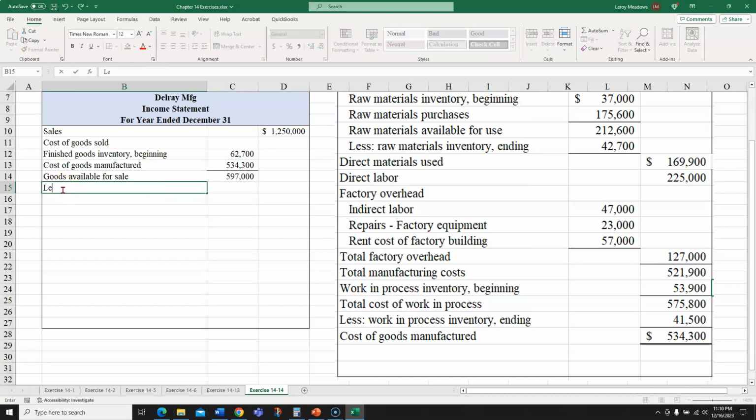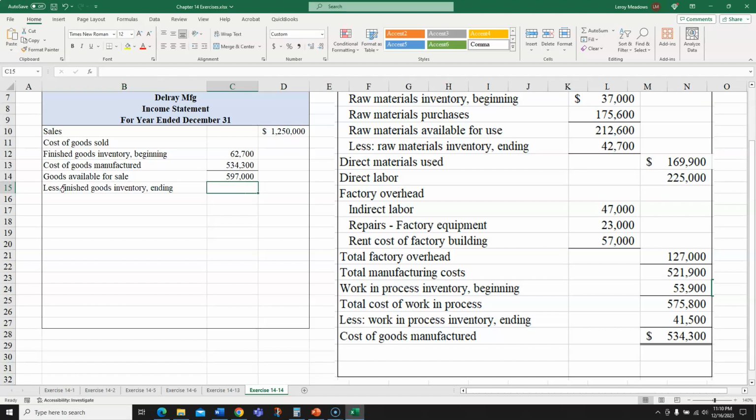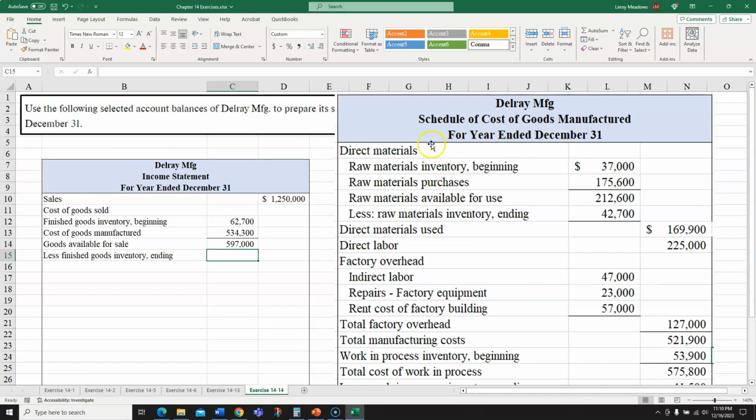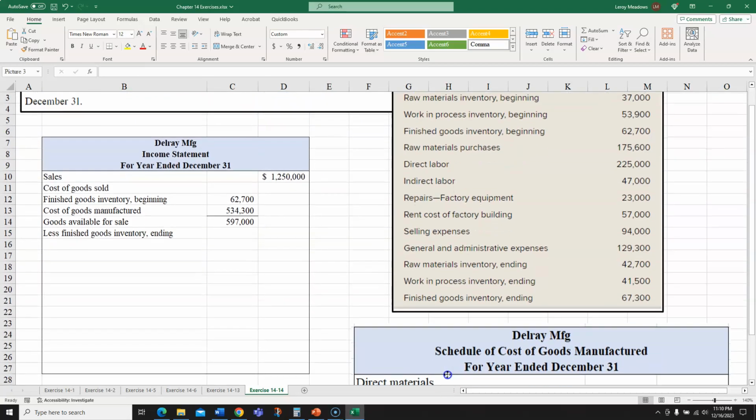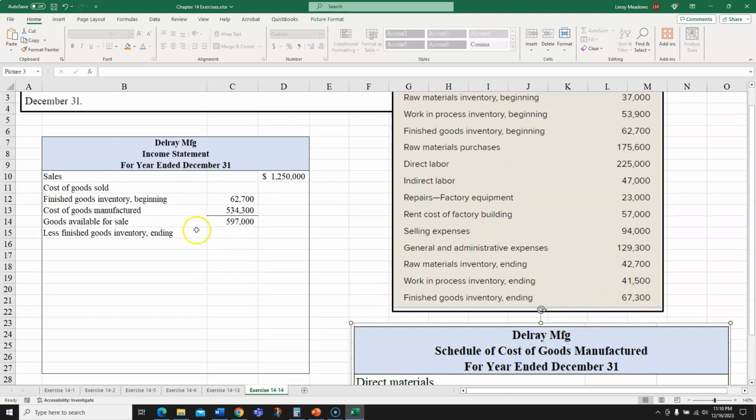From that, I'll subtract out my ending finished goods inventory. So less finished goods inventory ending. And that was how much? Let's go back up here because I just covered it all up. 67,300.